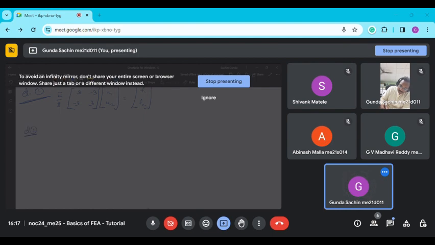Then similarly we need to do everything for the second element. In this step we will take the weak form and then start from here.